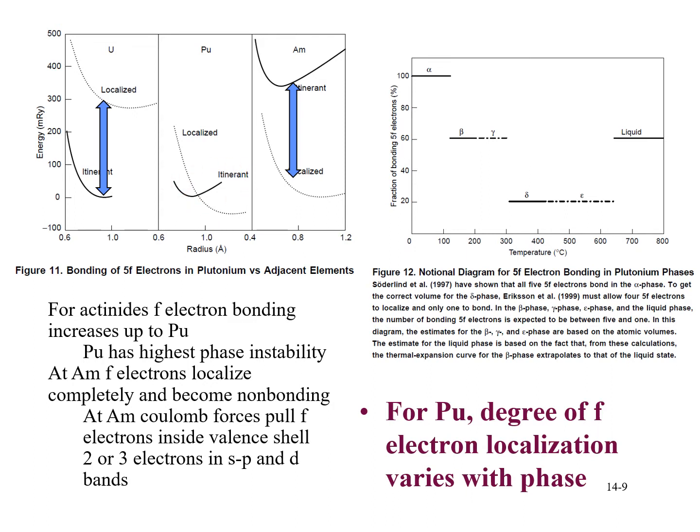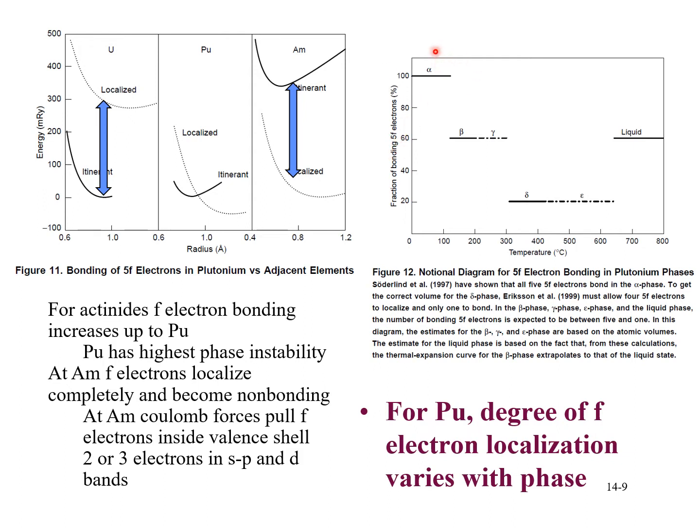So because of this, we get these transitions. The itinerant here is the stable phase. Over here we get a mixture of going from delocalized to localized, where in americium the f electrons are more localized. And then here's fundamentally the fraction of 5f electrons involved in bonding.